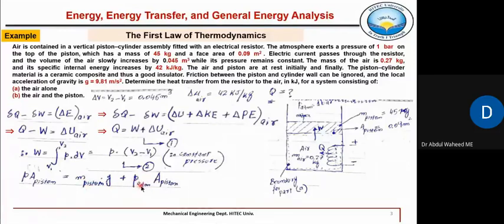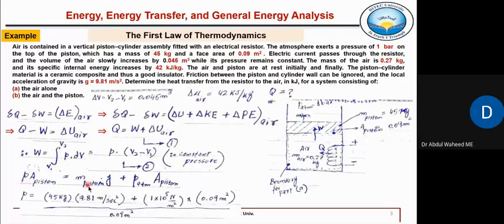The atmosphere air is exerting a force of P atmospheric, which is the pressure multiplied on which area? The same piston area. This is the piston area, right? So here, this is the total pressure acting on the air from the piston side, which consists of piston weight plus the atmospheric pressure. So now we see what our mass of piston is given, G is known, atmospheric pressure is known, area of piston given, so we can find out this total pressure acting on this air, right?